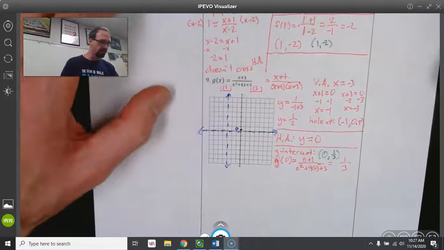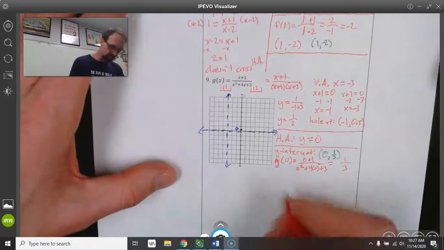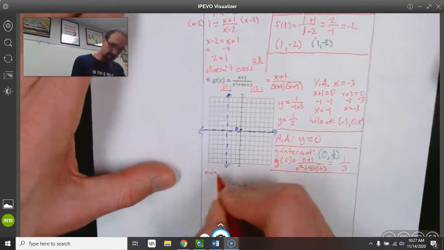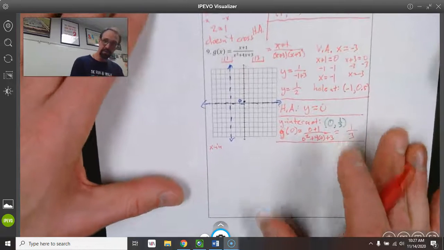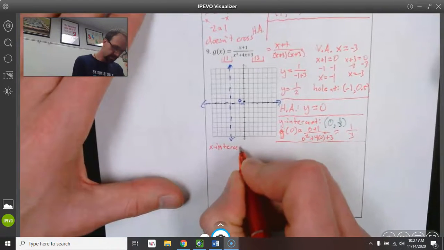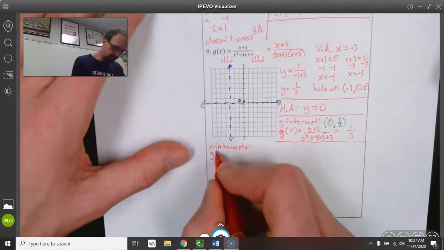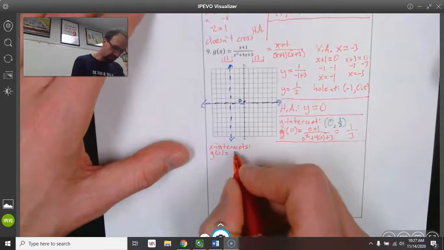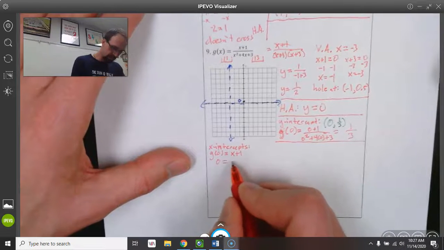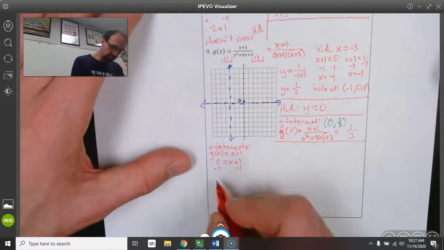Find the x-intercepts by finding the zeros of the function. So my x-intercepts, I have g of 0 equals x plus 1. 0 equals x plus 1, minus 1, minus 1.